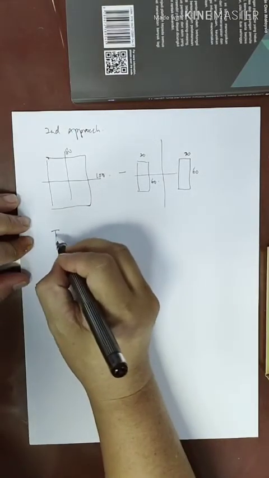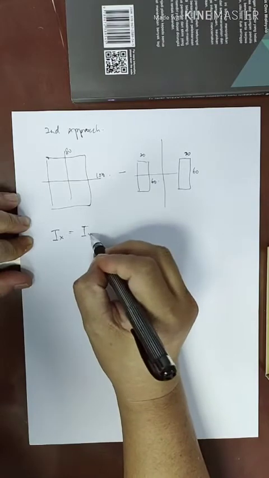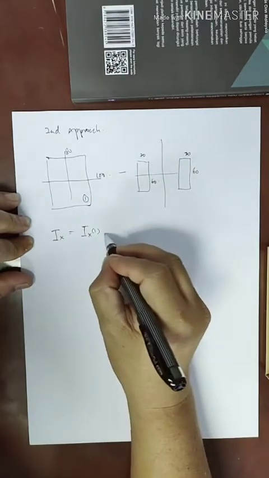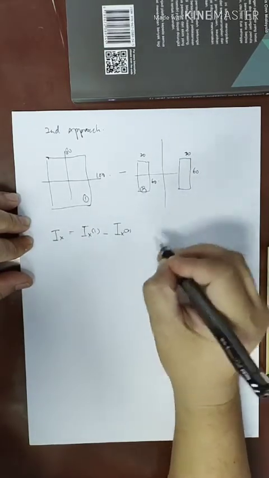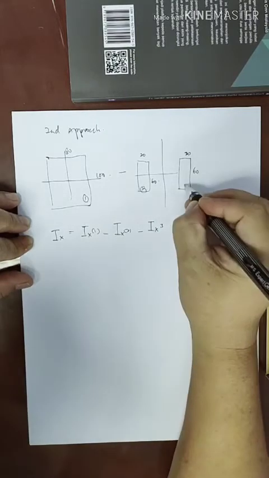The equation is still the same: Ix equal to Ix1, minus Ix2, minus Ix3.